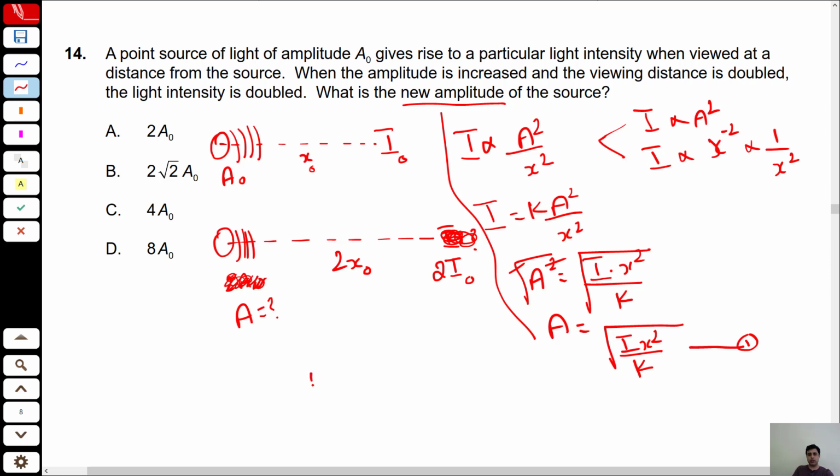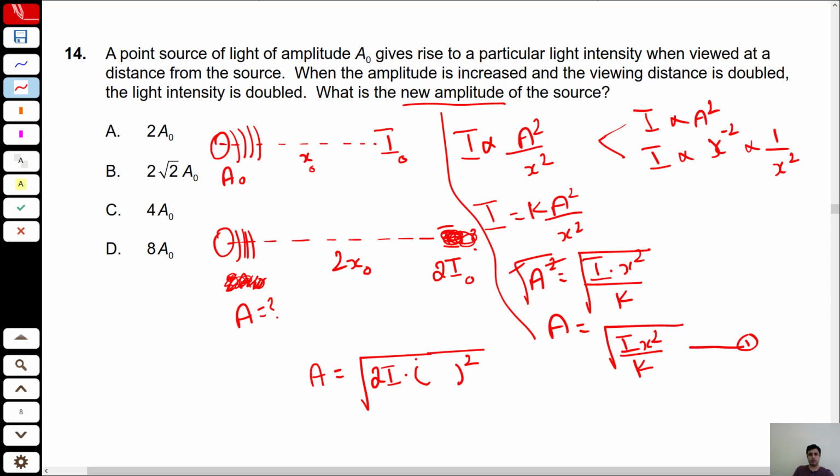Now we already have our equation, so we just need to do it like this. The new amplitude equals the square root of intensity, so our intensity is 2 times the original intensity, times the displacement squared.